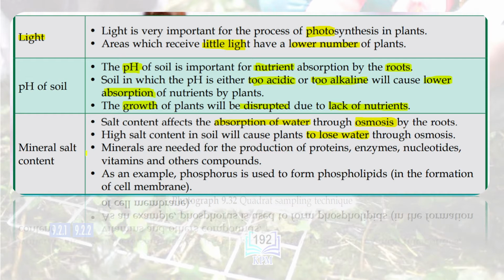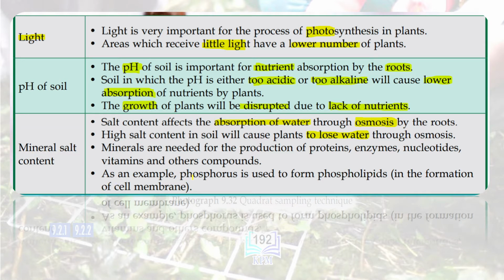Okay, so the minerals are needed. Why are the minerals so essential? Kita kena lihatlah sebab productions of proteins, of enzymes, nucleotides, vitamins and other compounds in the plants. Mereka itu perlukan nutrient. Nutrient itu memang dalam bentuk mineral salts antaranya.